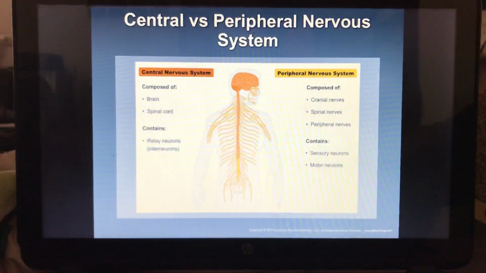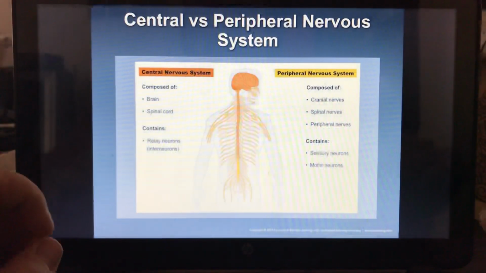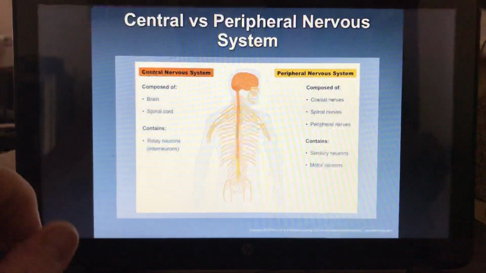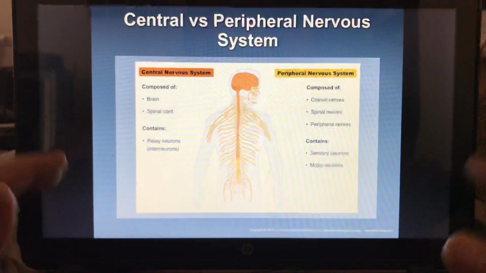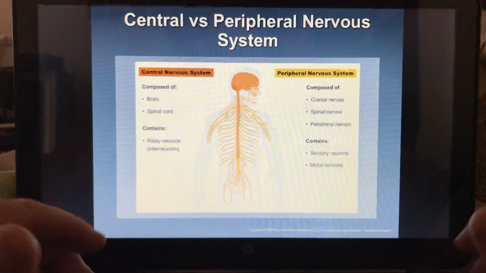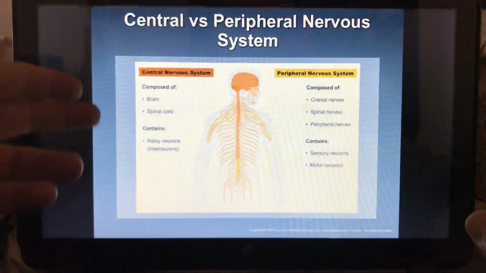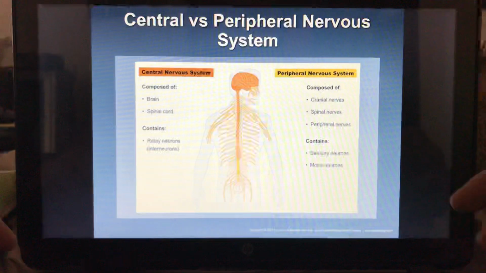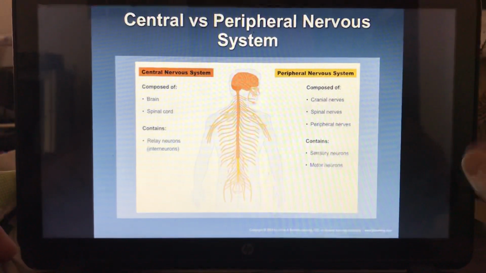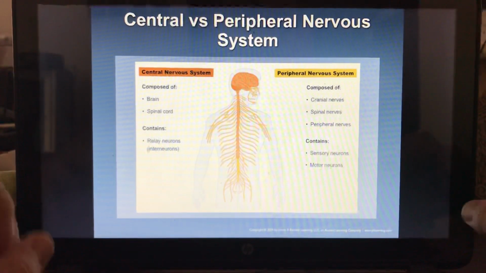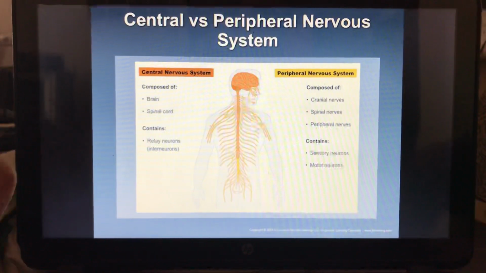Now, how that is done, I cannot tell you. My knowledge on this is very limited. I just know what I've learned so far. So I apologize for not being the expert, but what I can tell you is that the central nervous system is the brain and spinal cord, and the peripheral nervous system is going to be composed of your cranial nerves, we'll talk about what those are, your spinal nerves, and the peripheral nerves themselves.